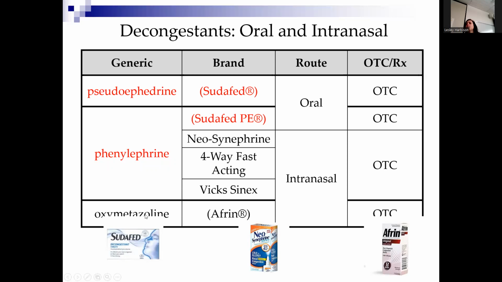I think I meant to make Afrin red, but if it's not on your other list of medications that you have to memorize, I'll just leave it. I'll double check. But Sudafed, pseudoephedrine, and phenylephrine. This one is oral and this is intranasal. So one's like a syrup or a pill, and the other is a spray. So that's just different routes of application.